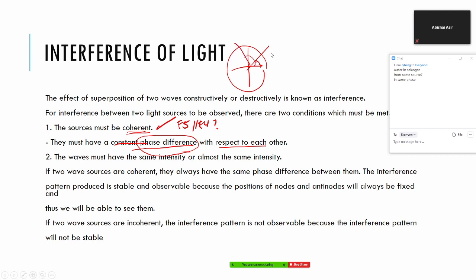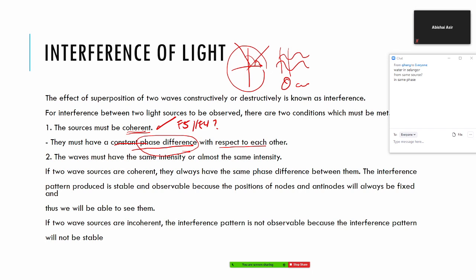They call it the phase difference with respect to each other. Of course, the first wave and the second wave may have a little difference at the time, but the phase difference is constant. The phase difference is constant. That's the most important thing when we talk about coherent sources.